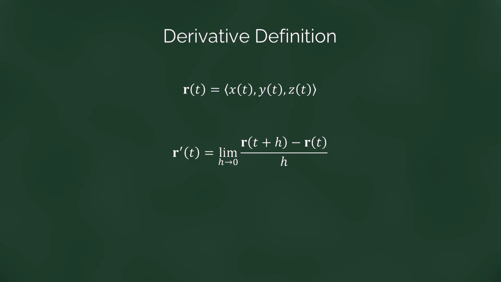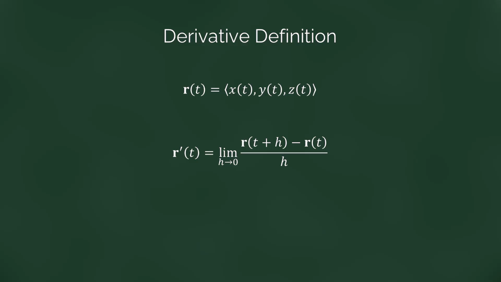And then we can use the commutative property of addition to rewrite this as x of t plus h times i minus x of t times i all over h, plus y of t plus h times j minus y of t times j all over h, plus z of t plus h, hopefully you can see where this is going, times k minus z of t times k all over h.